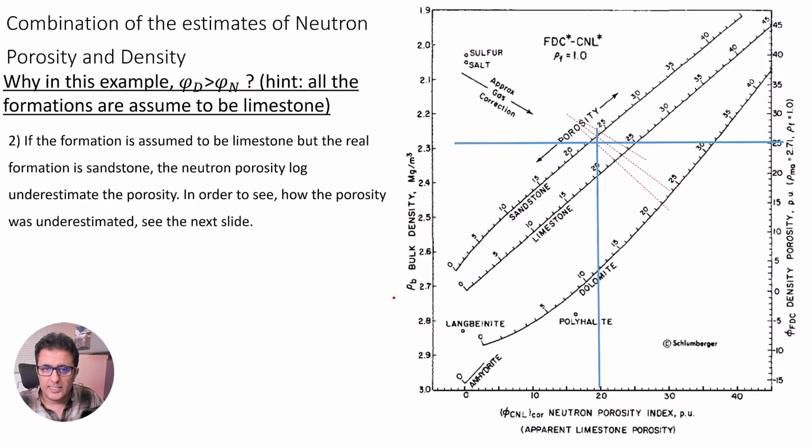Another reason is that here we assume the formation to be limestone, but as I said, the actual formation is sandstone, and we know that in sandstone, neutrons are less attenuated compared to limestone, and this is another reason why here we have underestimation of the porosity from the neutron log.